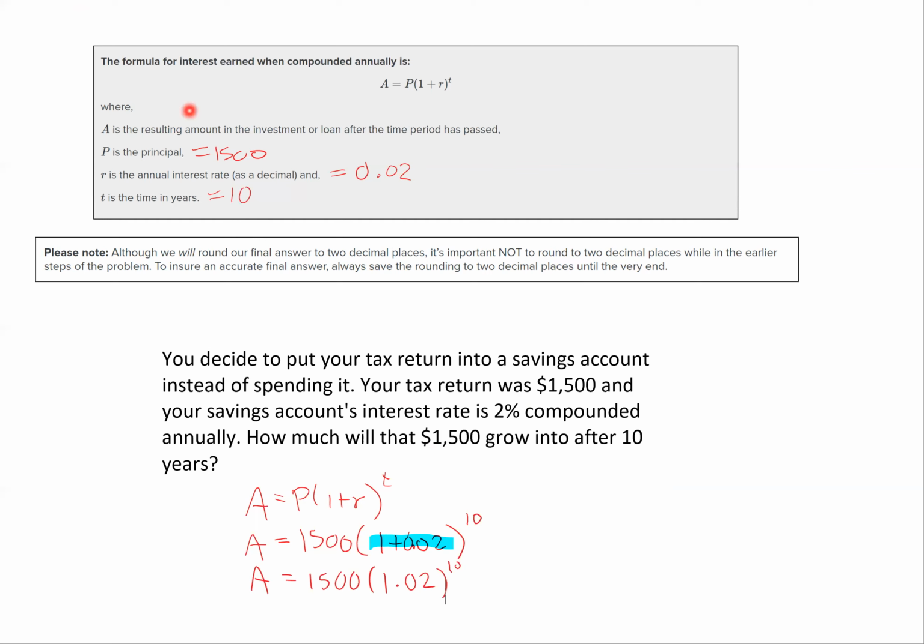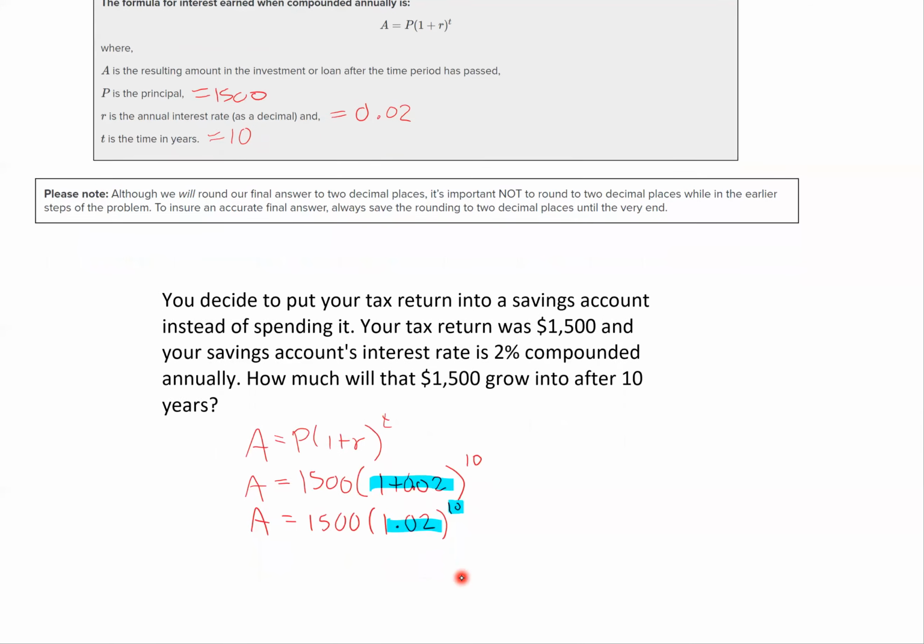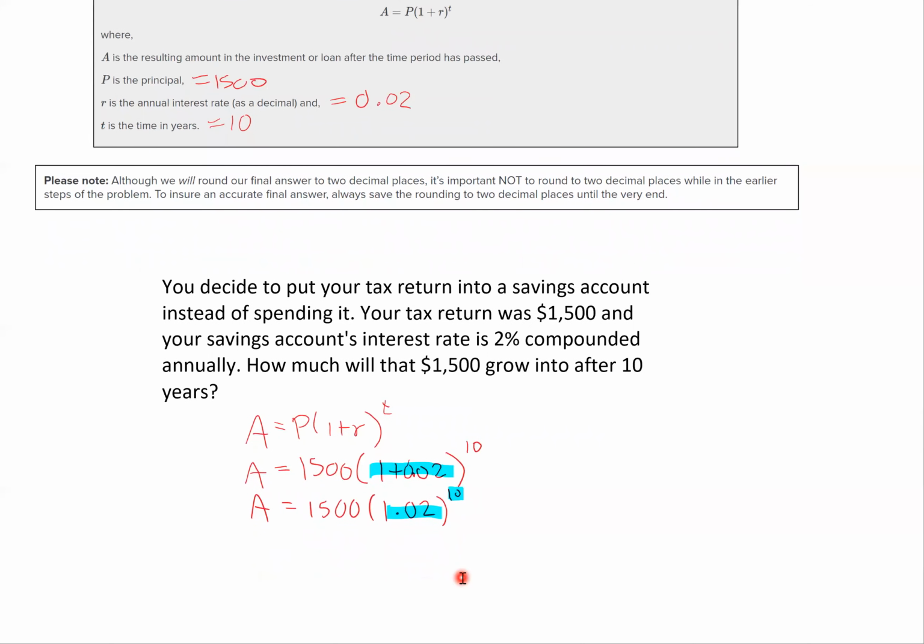The next thing the order of operations tells us to do is the exponent. We have to raise the base to the exponent as our next step. So again, I'm going to do that here: 1,500 times 1.02 to the 10 power. We'll use our calculator for that. 1.02 to the 10 power is 1.218994442.